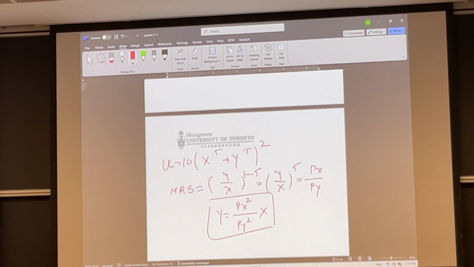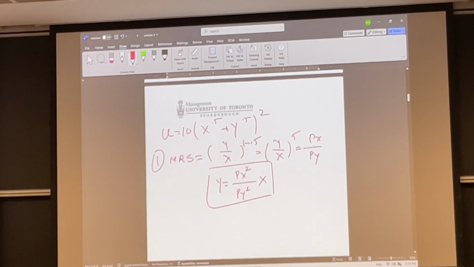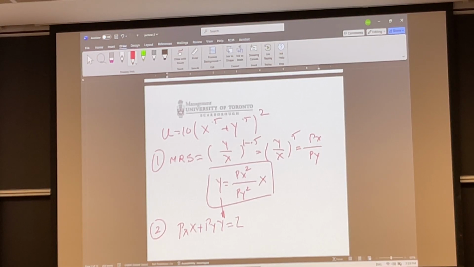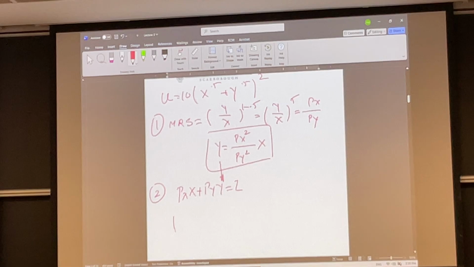Just I squared both sides. That's right. That's equation number 1. Equation number 2 is our budget line. So the task is plug this there and solve it. Right? See, the process is the same. You just have a different MRS, so it gives you a different outcome.